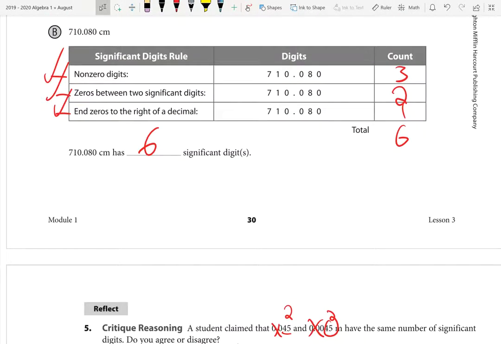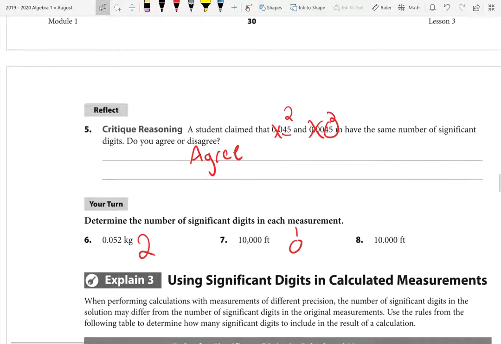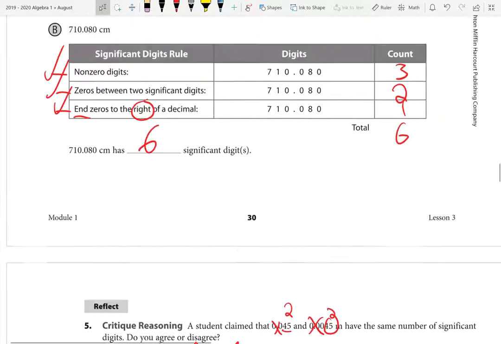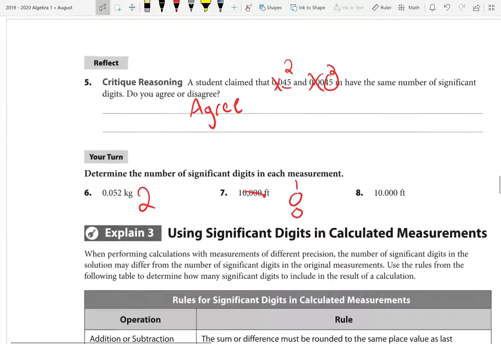And then end zeros to the right of the decimal. Now these zeros are end zeros, but the decimal would be here. And these zeros are not to the right of that decimal. Those zeros are on the left of that decimal. So these zeros do not count at all. Because remember, even though they're on the end, they are not to the right of the decimal.